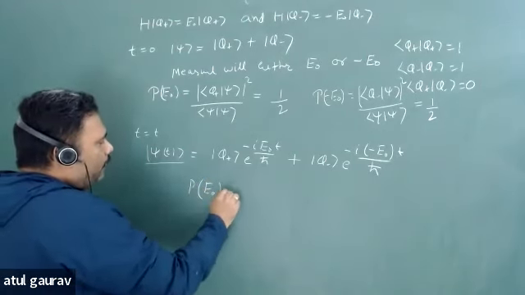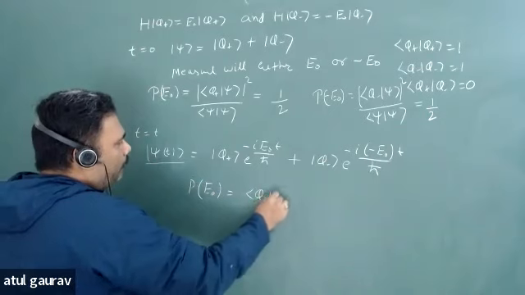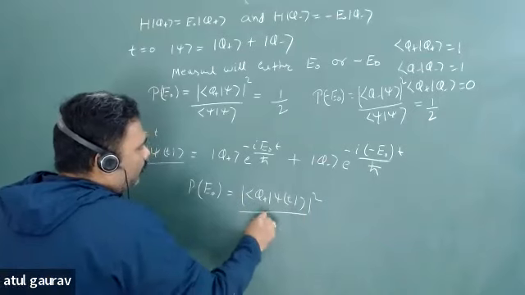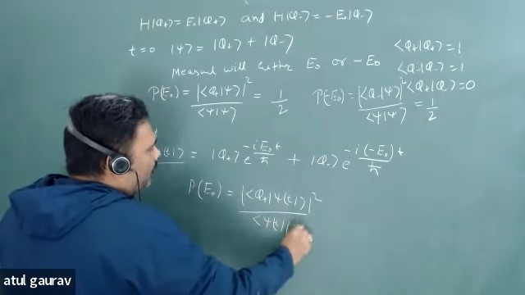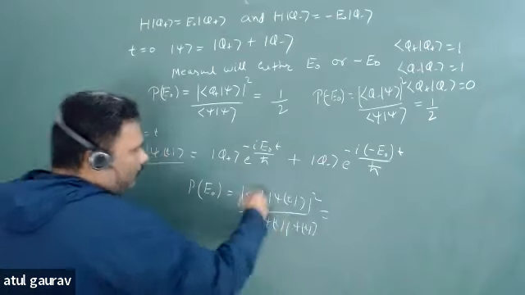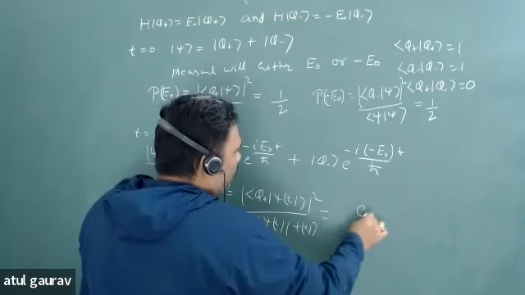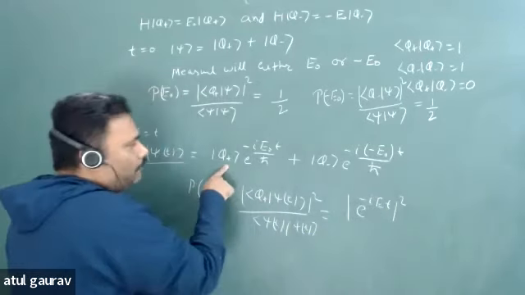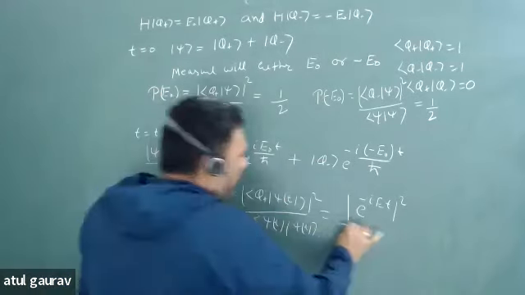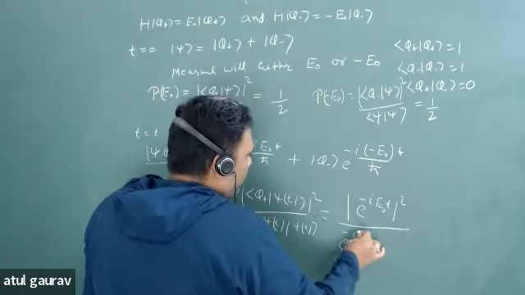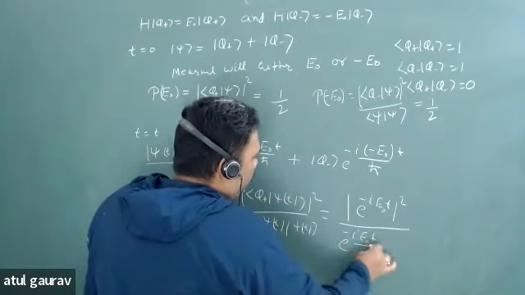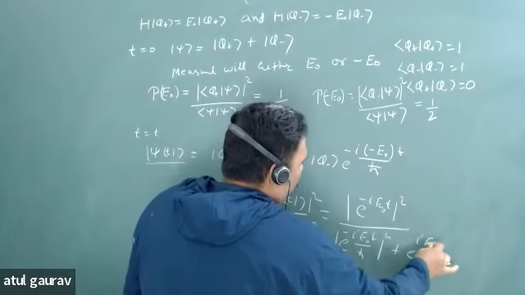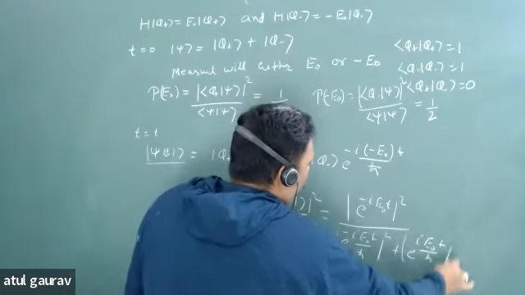And what will be the probability of getting E naught? Again, you will get the mod square of the overlap of psi plus with psi t. So what is this value? You can see this value is mod square of e to the power minus i E naught t upon h cut, because only plus will survive, minus will be 0, times e to the power i E naught t upon h cut, mod square.